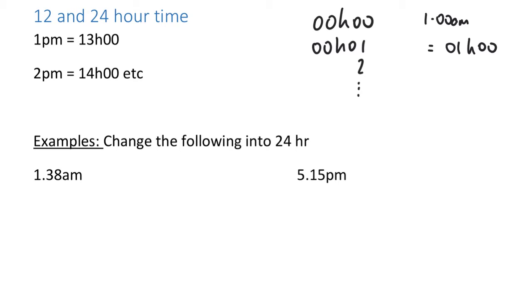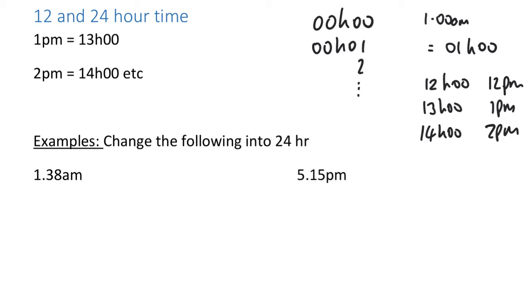So there's no change until midday. So midday is 12 hours, and that's 12 p.m. So if we were 1 hour after noon, that would be 1 hour on top of our 12 hours, which would be 13 hours, or 1 p.m. If we were 2 hours after noon, it would then be 14 hours, or 2 p.m.